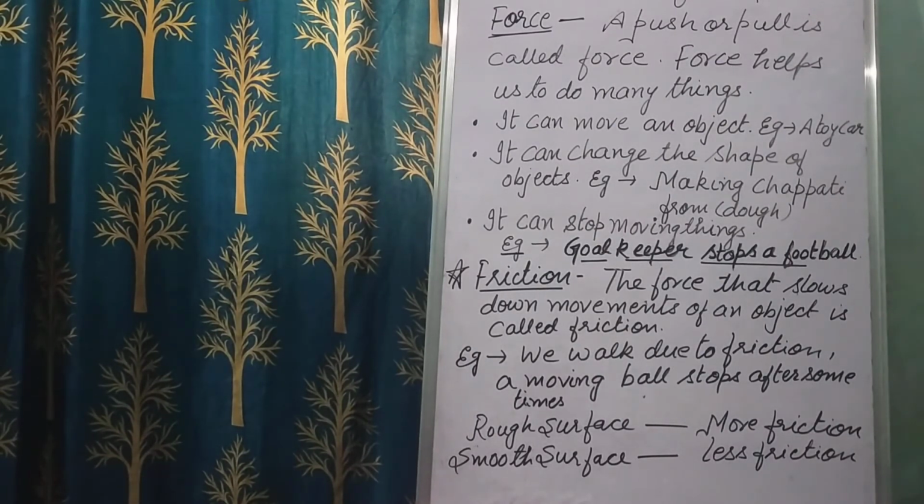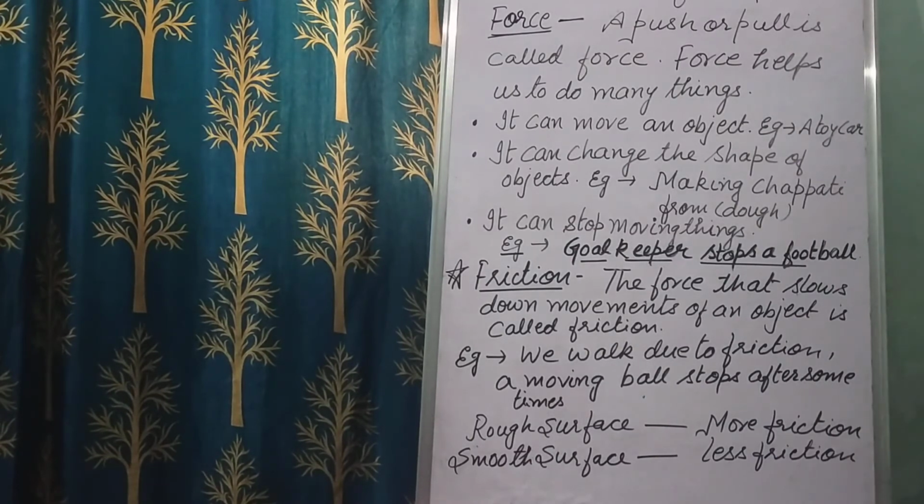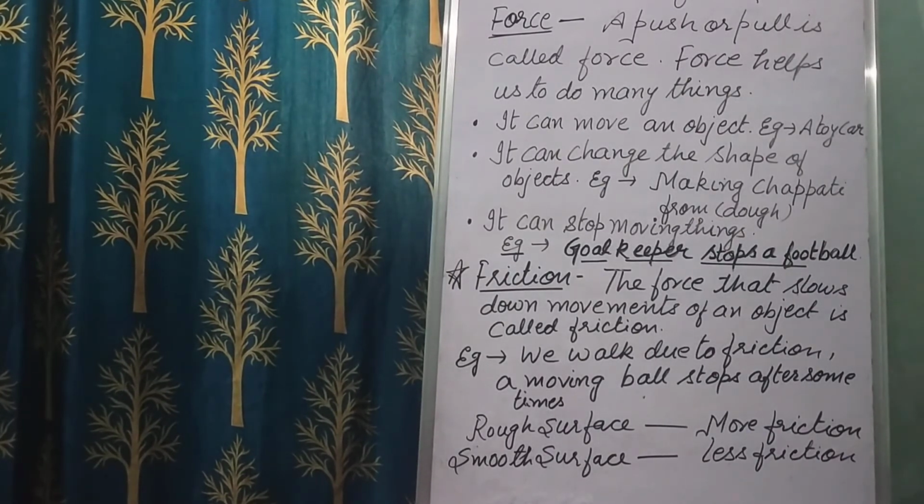Children, when we're talking about a rough surface, there will be more friction. And on a smooth surface, the friction will be less. So, children, we find it very hard to walk on ice or a smooth polished floor. Why? Because there is less friction. And that's why what will happen? We often slip on icy ground or a wet floor.